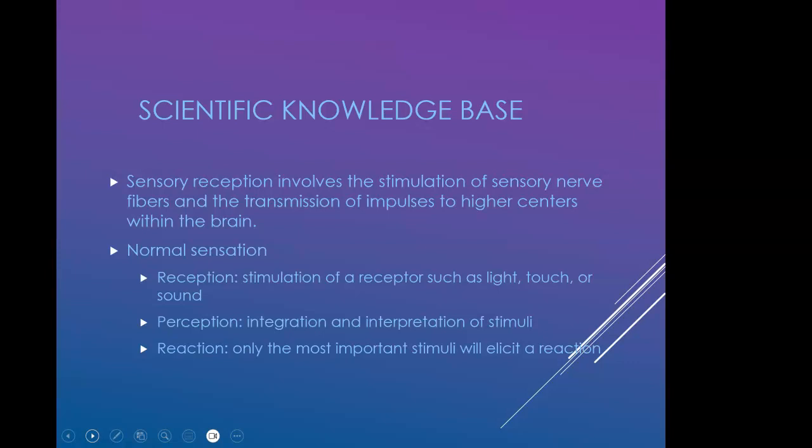Normal sensation is composed of reception, which is stimulation of a receptor such as light, touch, or sound; perception, which is integration and interpretation of stimuli; and reaction. Only the most important stimuli will elicit a reaction.